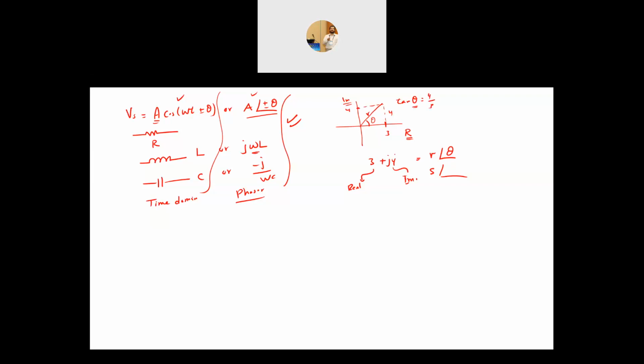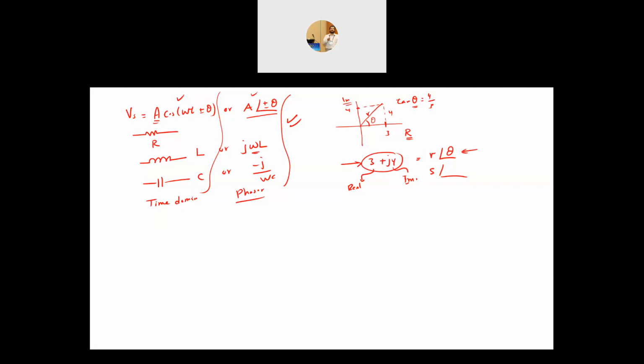Something very important that you have to deal with sometimes: when you add or subtract numbers, you should have them in rectangular format. If you multiply or divide, it's better to have them in polar format.